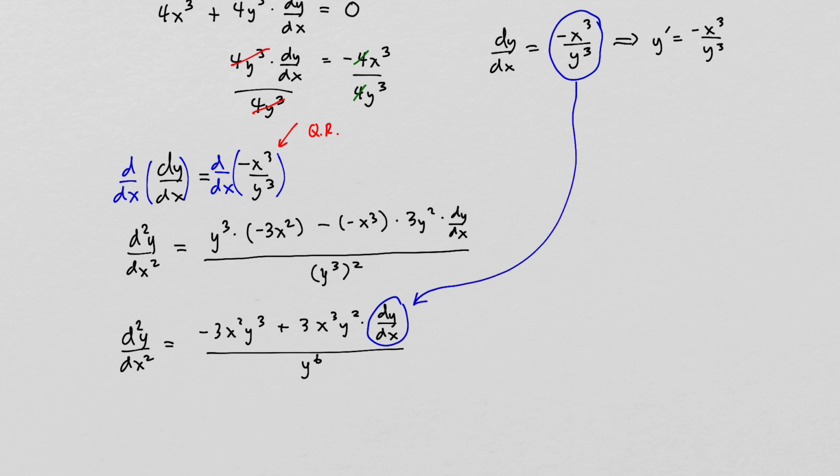And so we can take out dy dx and replace it with this expression. And so when I do that, I'm going to get negative 3x squared y cubed plus 3x cubed y squared times negative x cubed over y cubed, and then all divided by y to the 6th.